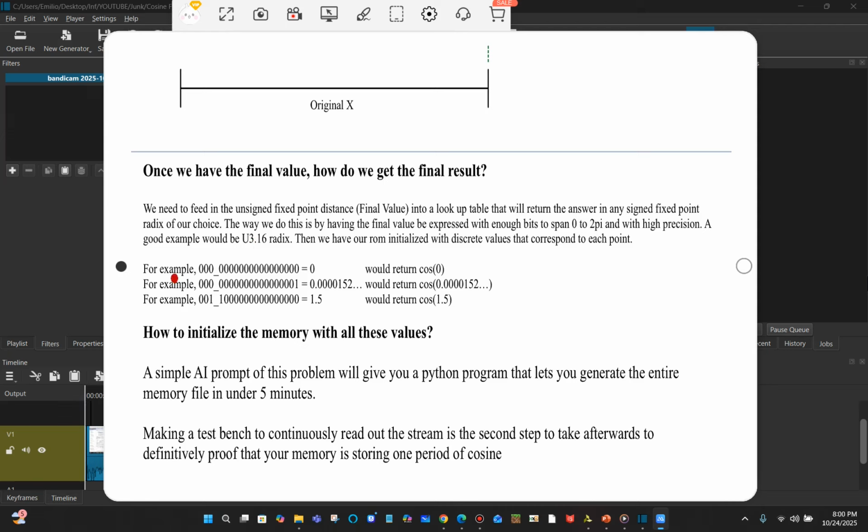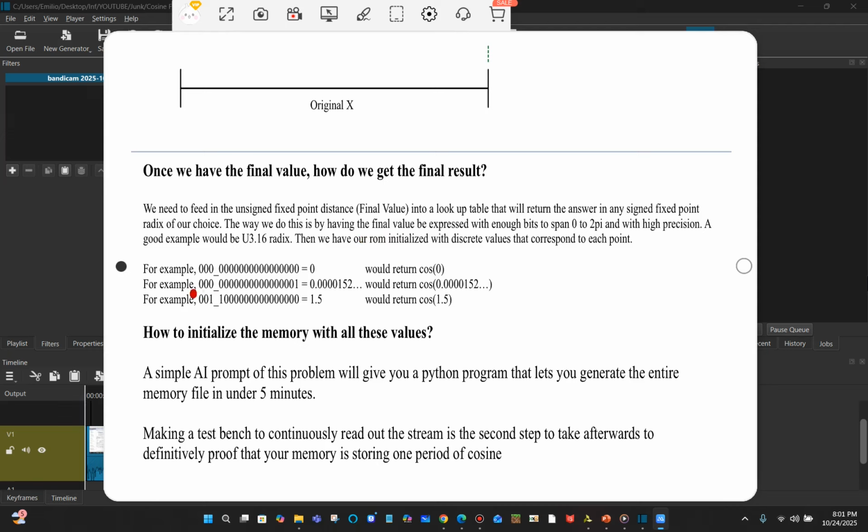So this is actually the smartest possible radix to choose under those hypothetical constraints. So for example, with this radix, the memory unit expects this radix when the address is all zeros. Well, all zeros with this radix means 0. So the output of that memory unit would return a different signed fixed point value that corresponds to the cosine of 0. And you get to choose what the output radix is.